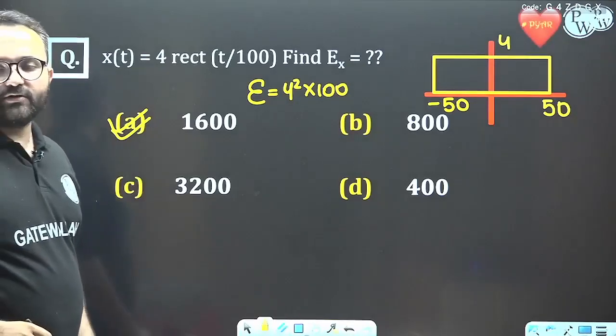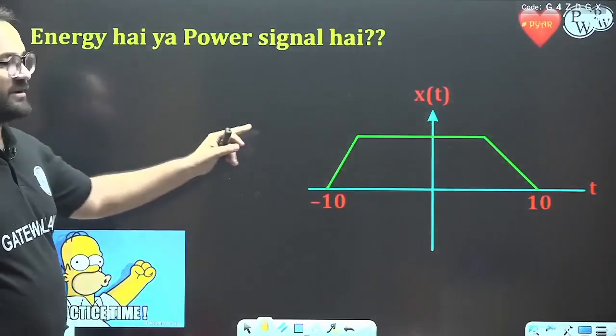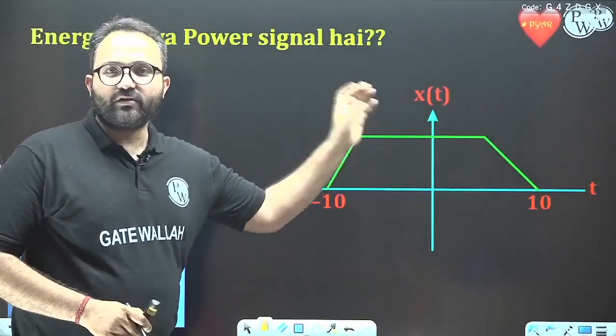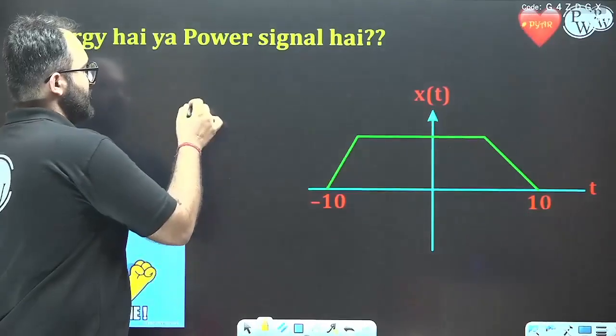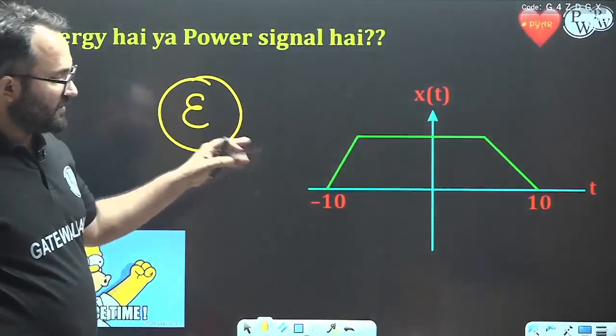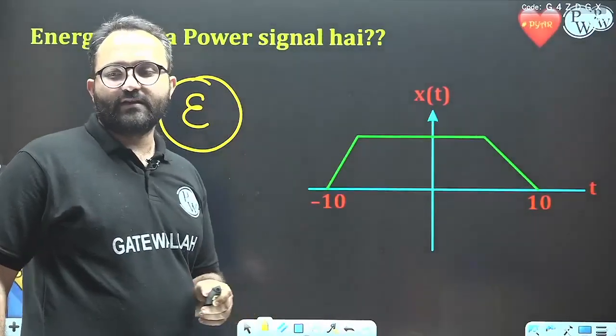I think you are able to do it. Great. So just tell me, is this an energy signal or a power signal? Since it's a finite duration signal, amplitude is also finite, so this is an energy signal, no doubt about it. The amplitude is finite and it's a finite duration energy signal.